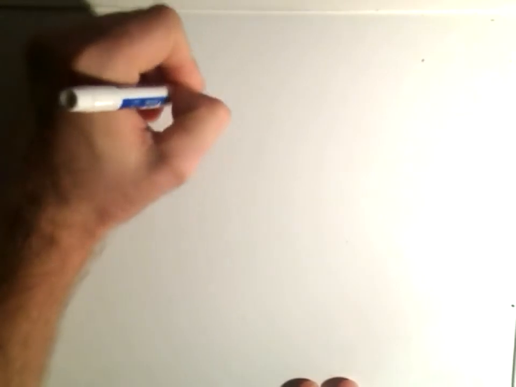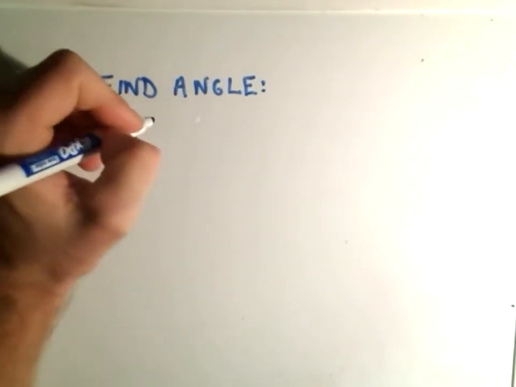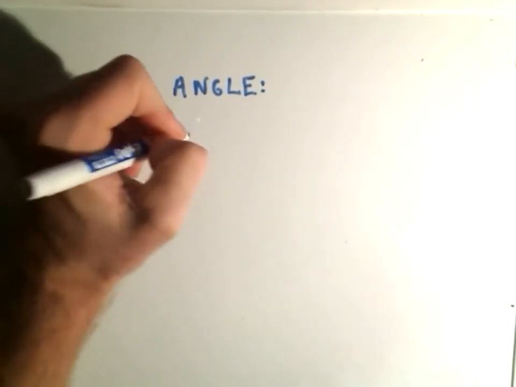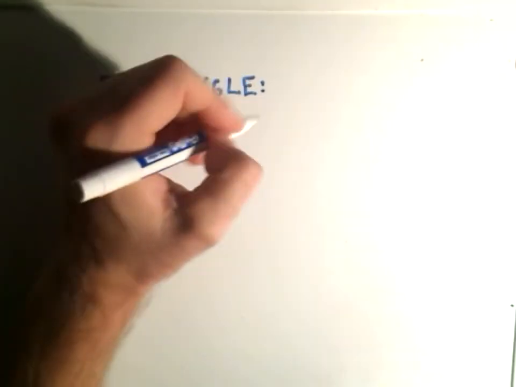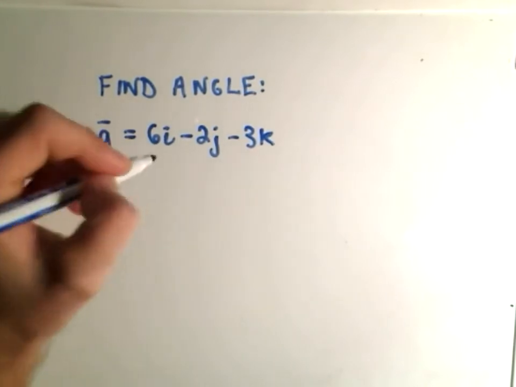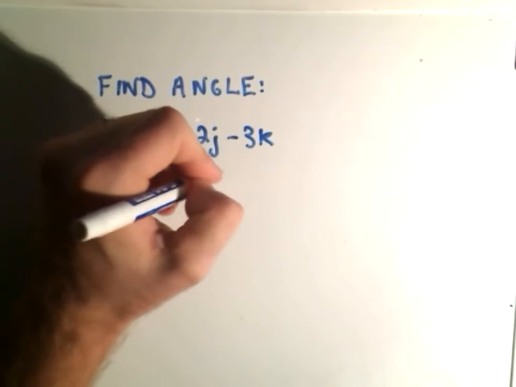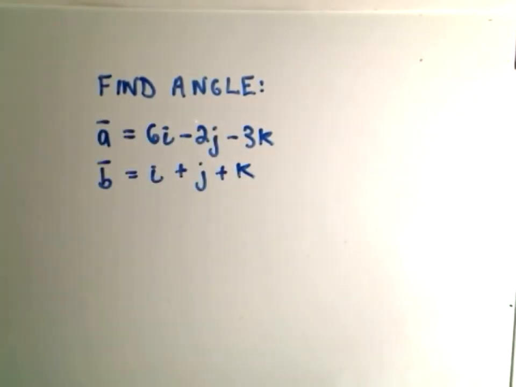Let's find the angle between two vectors, and so let's suppose that vector A is 6i minus 2j minus 3k, and let's suppose that vector B is i plus j plus k.